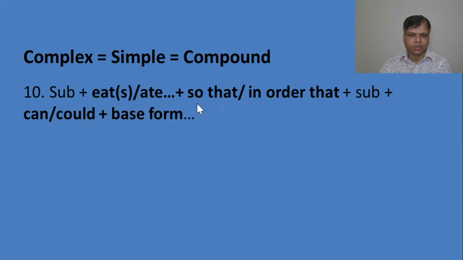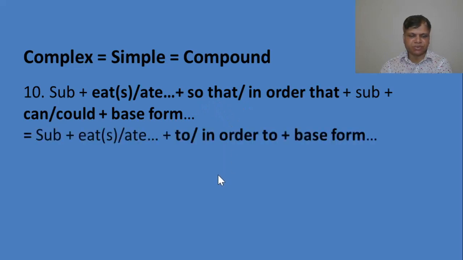So look at the complex sentence. It is a complex sentence because it contains so that or in order that. These two conjunctions are subordinating conjunctions. That's why it is a complex sentence. So if we want to make it a simple sentence, look at the structure.